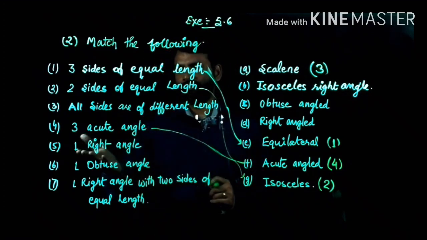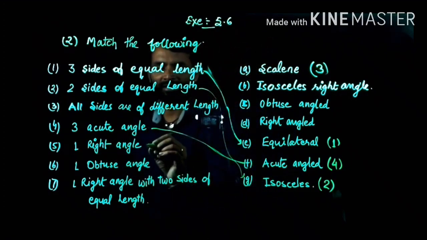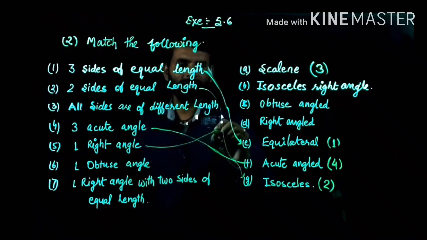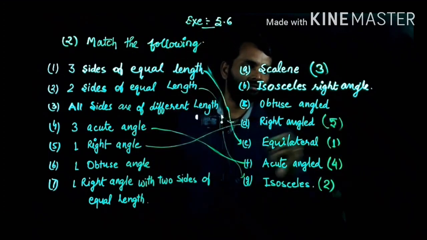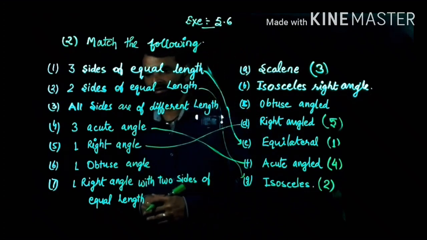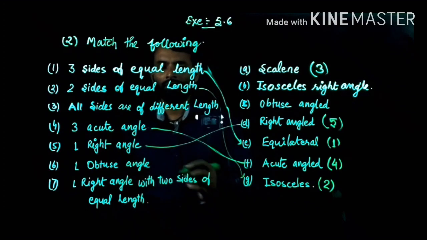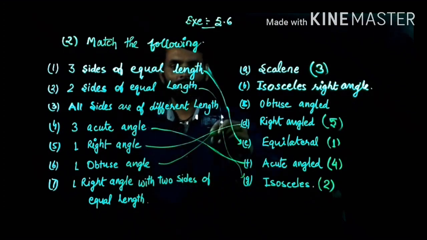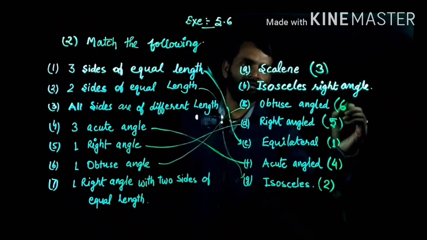And fifth is one right angle. One right angle is called a right angle triangle. Sixth, one obtuse angle. One obtuse angle is an obtuse angle triangle, that is C, so join it with 6.